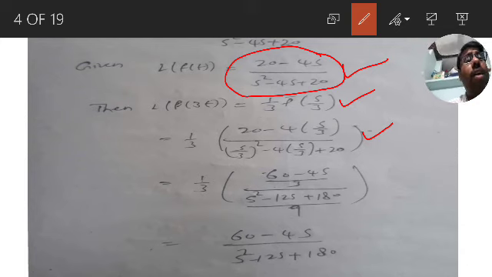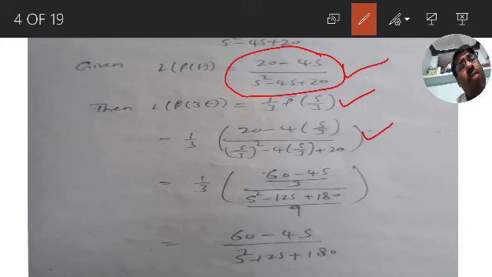Take 3 common in the numerator, LCM 3: 60 minus 4s. In the denominator, s by 3 whole square is s square by 9. So the LCM becomes s square minus 12s plus 9 into 20, which is 180. So what is that? 60 minus 4s by 3, over s square minus 12s plus 18 by 9.